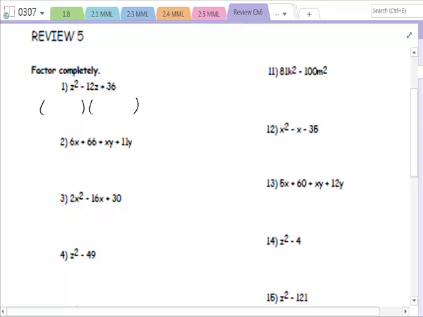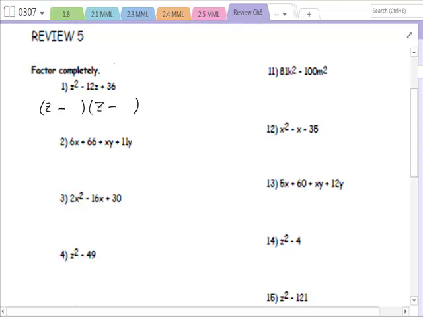The plus on the 36 tells you that the 2 signs in the factors both match what? The negative of the middle term. So I'll put a minus and a minus. I will go ahead and put in this case, letter z in both of those.